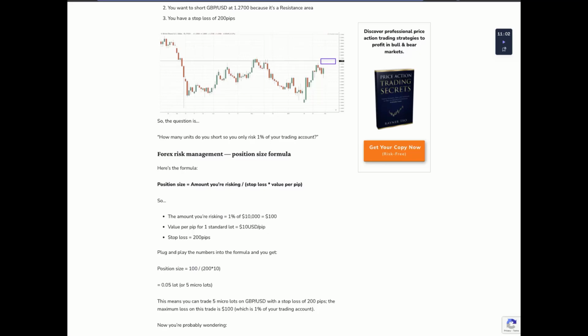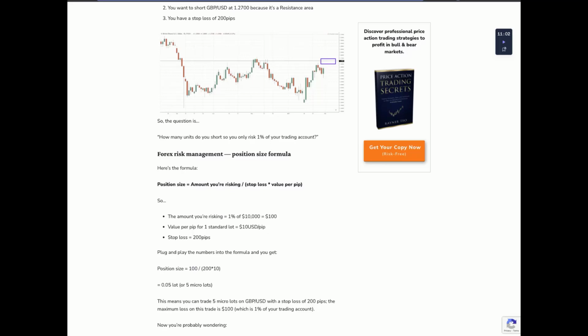So if you are risking 1% and you are using 200 pips times $10, when you calculate it, that would be $30 divided by 200 pips times 10.